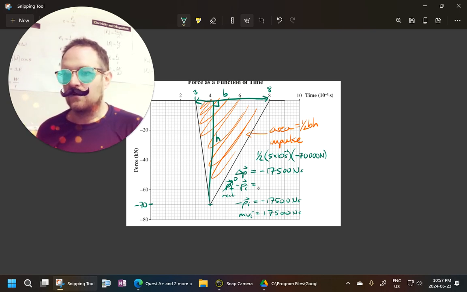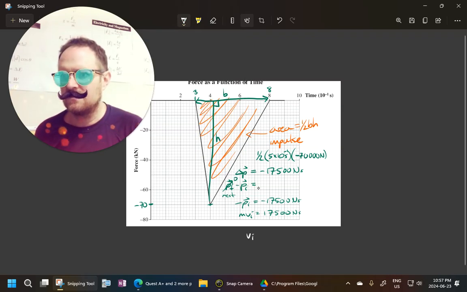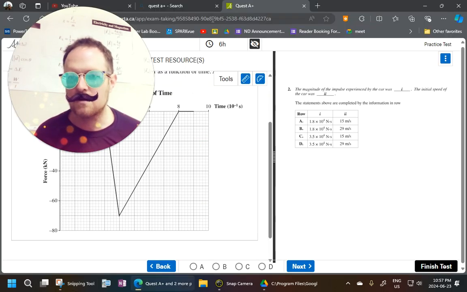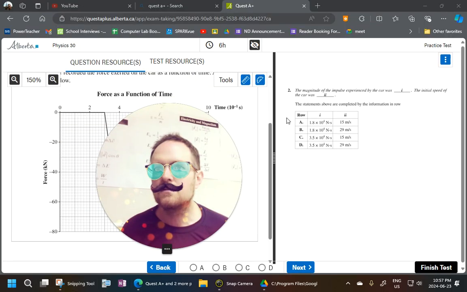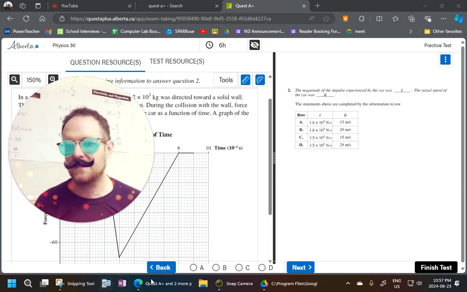Now, how do I solve for velocity? Because momentum is mass times velocity, I'm going to divide over that mass. My mass in the question is, let me go back here, 1,200 kilograms.